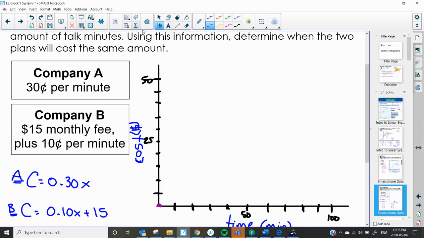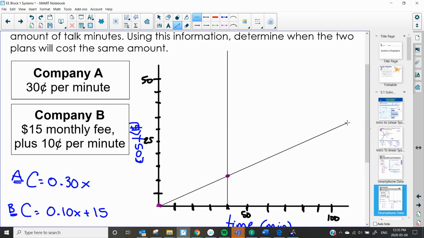So 40, 12. There's 40 and 12, 5, 10, 15. So 12 is probably right in about there. Right now I'm just approximating, but I could draw my graph to look something like that.